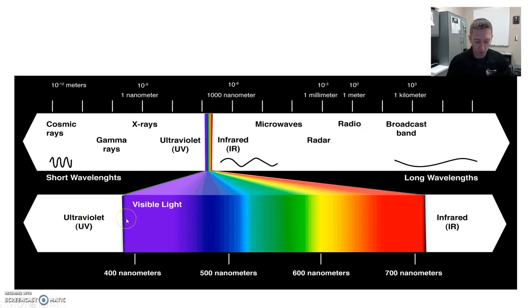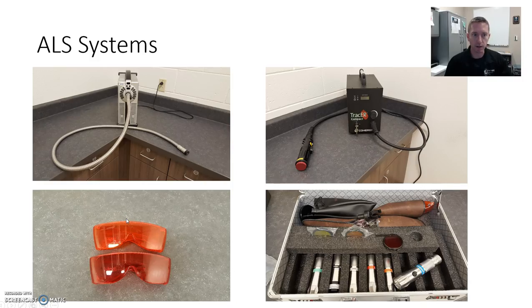And so what we can end up with here is using alternate light source generating devices, because typically the light coming from the sun, the light coming from most of our light bulbs, we consider to be white light or just colorless light. So what we can do is add a colored light. Now there's lots of different alternate light source systems out there.